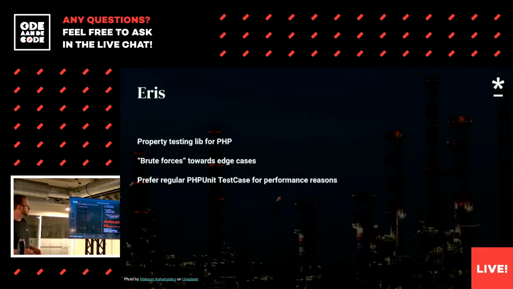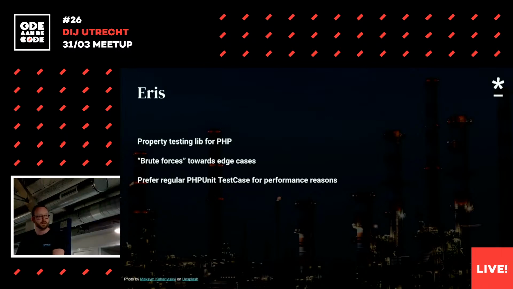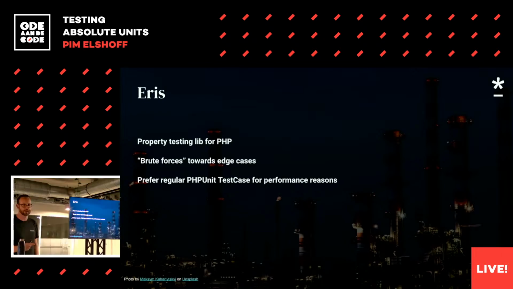Again, for Eris, speed is essential because it's going to run several functions or whatever you put into it a lot of times, not necessarily max int to min int times, but what this does is it just brute forces towards edge cases. It will find that your function will fail at some point, and then it will find where exactly that is and tell you. Very useful tool.